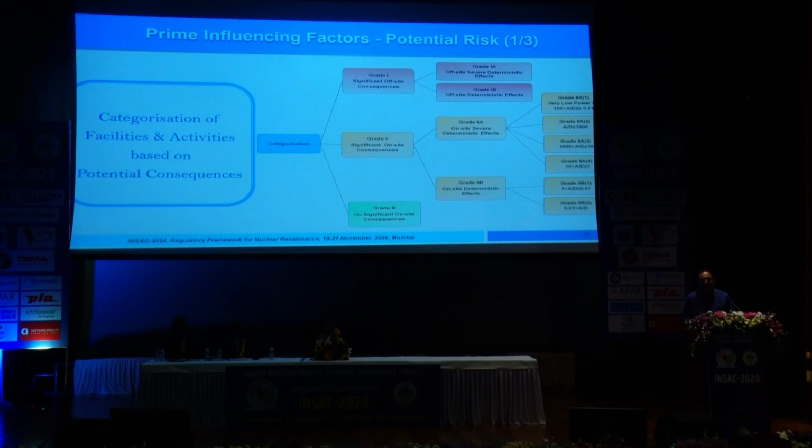The same level of activity I can put in a tank in liquid form, but the consequences will not be the same. In a nuclear power plant, some energetic reactions can take place, which can catapult complete activity into the environment. It can go far away. But if it is in liquid form in a tank, consequences will not be the same. So what I mean to say is, we are not accounting any safety system credit, but we are taking into account all possible chemical and physical mechanisms while evaluating the potential radiological consequences and categorizing them based on that.